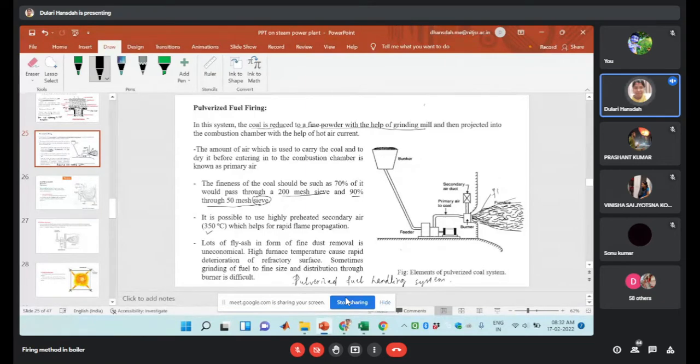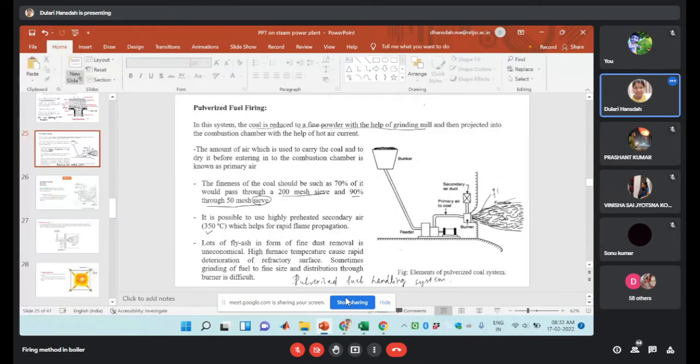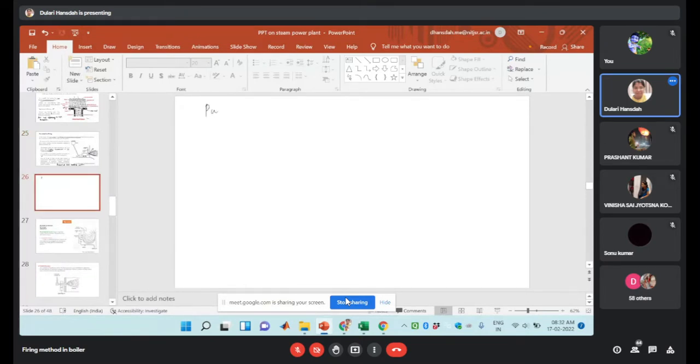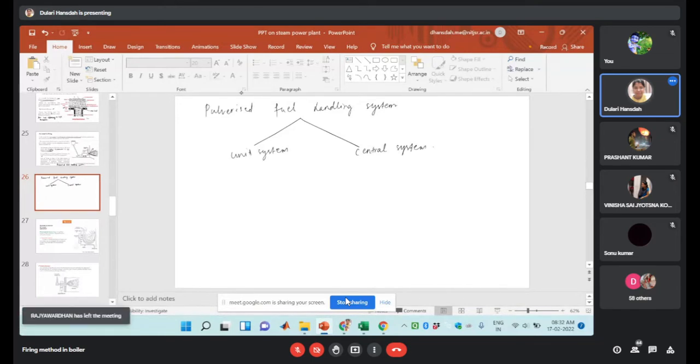Under this pulverized fuel system, the fuel handling system can be of two main types.